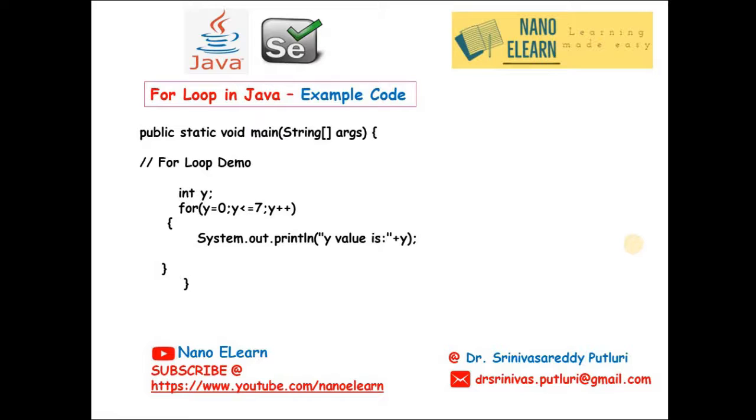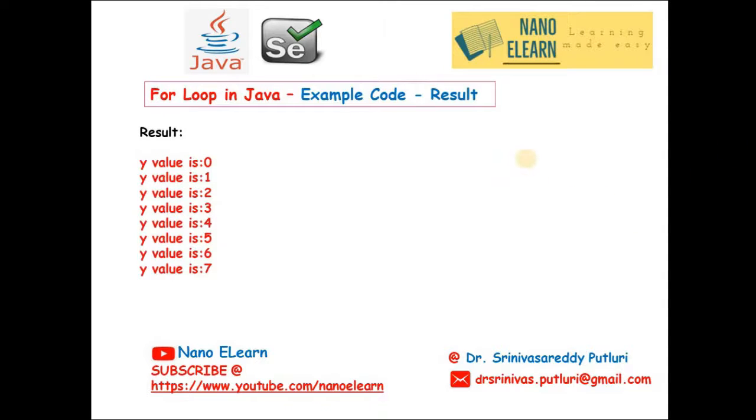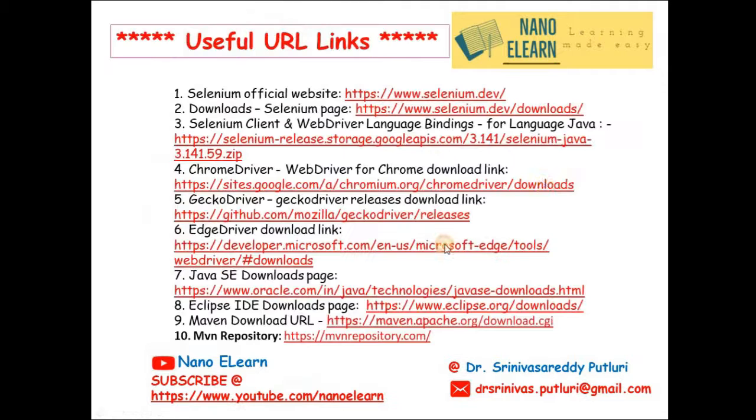So what will happen is it starts from 0 until y is less than or equal to 7. The y value is printed here. That is, the y value is printed in the result from 0 till 7. So this is how the output will look like. The y value gets printed from the value 0 to 7.